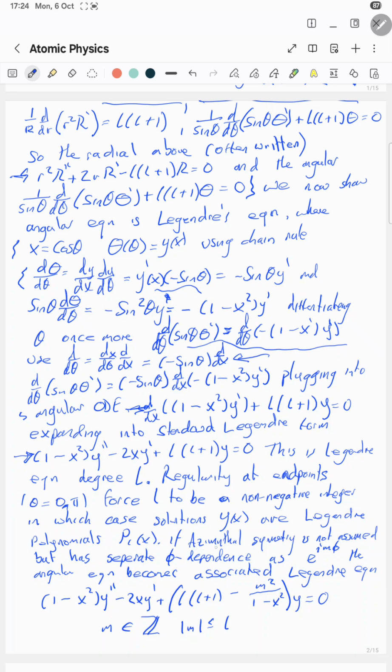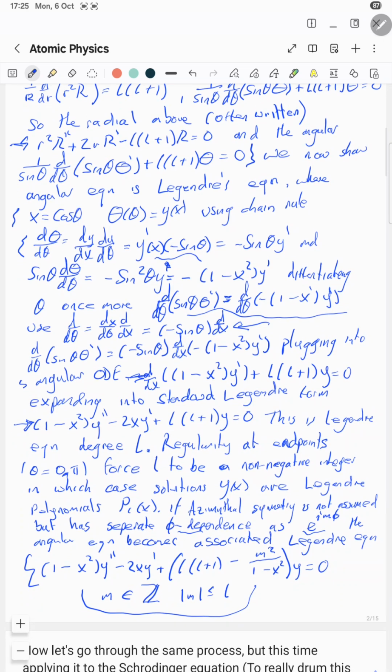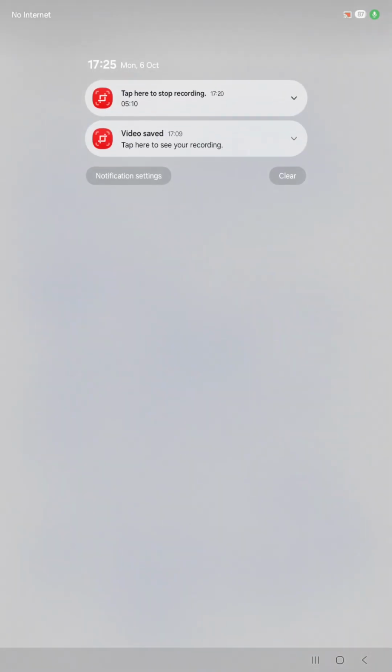If azimuthal symmetry is not assumed, but we separate phi dependence as e to the i m phi, the angular equation becomes the associated Legendre equation here, where m is an integer and the magnitude of m is less than or equal to L. And that's the mathematical derivation.